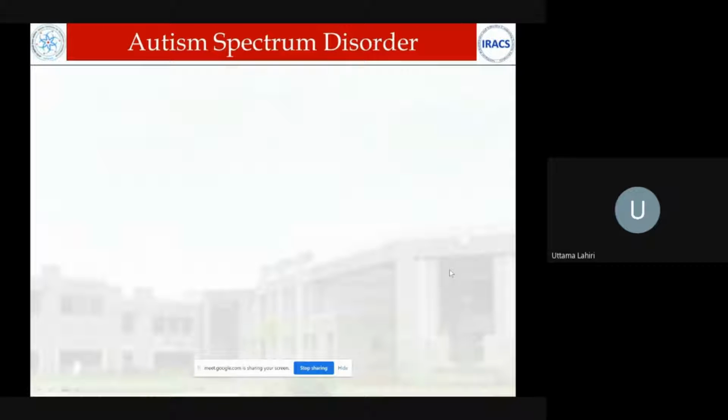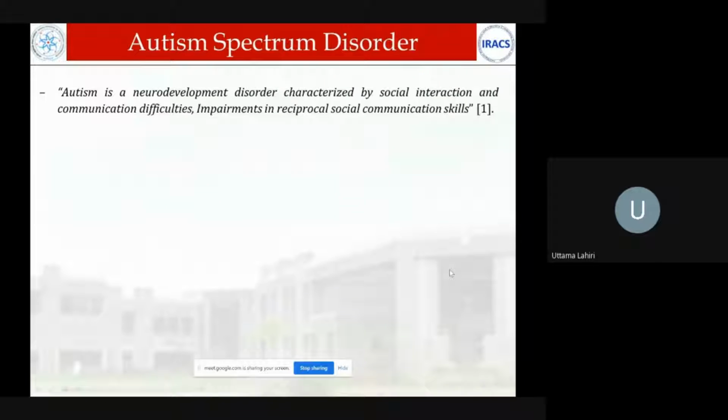So a little bit on autism, because this is the application where I use eye tracking to map it to the cognitive states. Very briefly, what is autism spectrum disorder, and why do we need to tap implicit measures such as eye tracking measures.